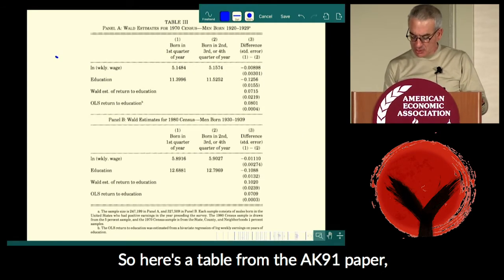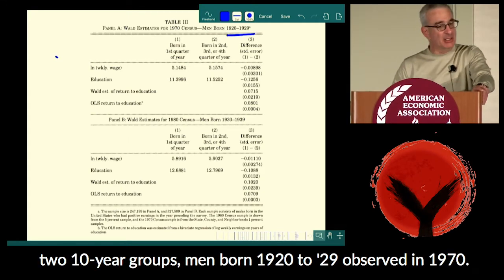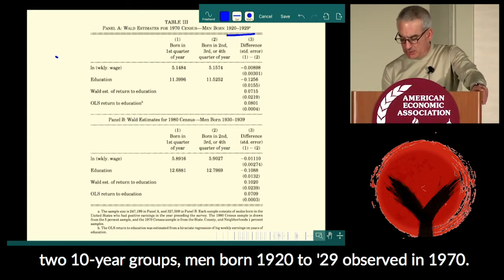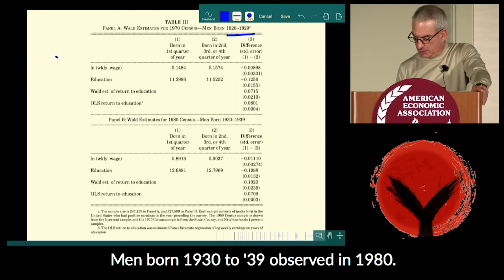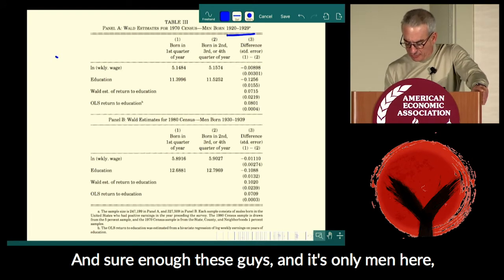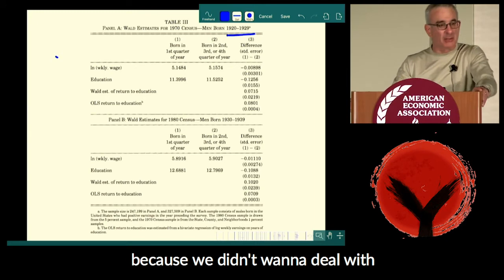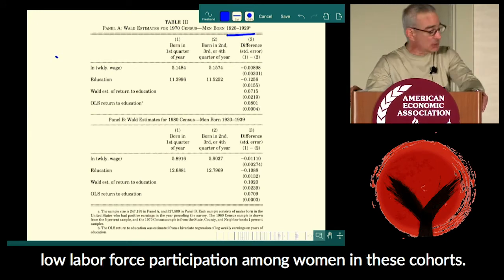QOB234. So here's a table from the AK91 paper, two 10-year groups: men born 1920 to 29, observed in 1970, men born 1930 to 39, observed in 1980. And it's only men here because we didn't want to deal with low labor force participation among women in these cohorts.